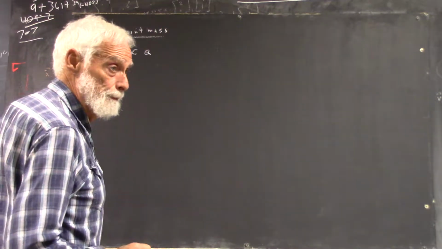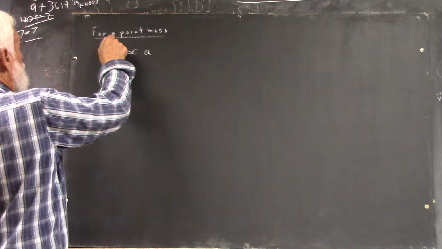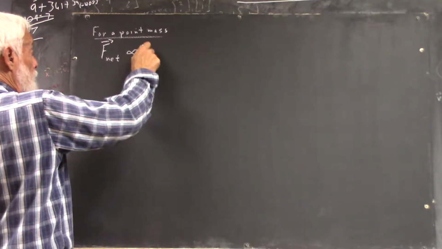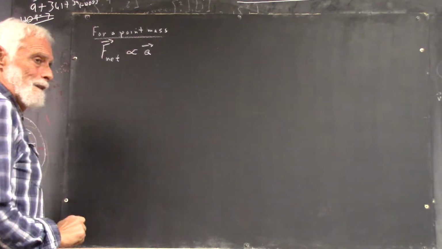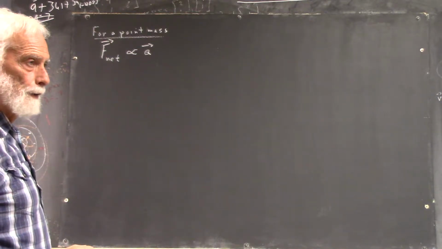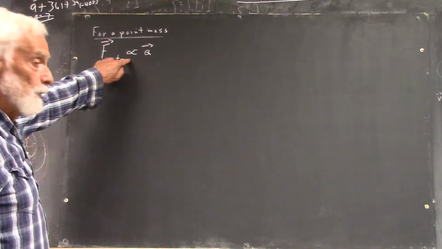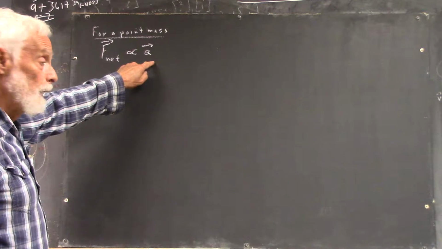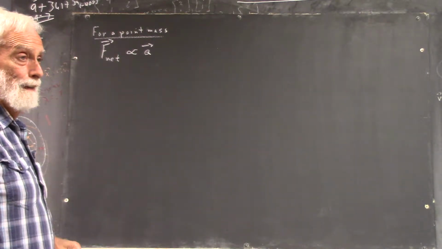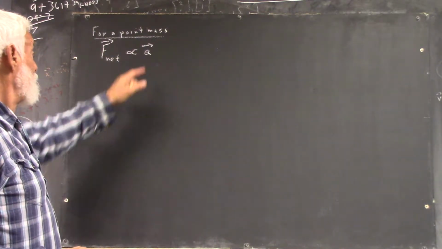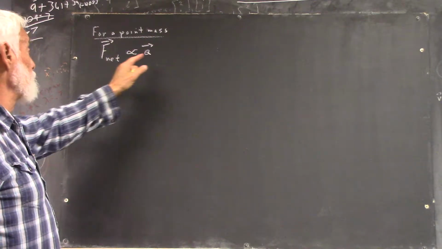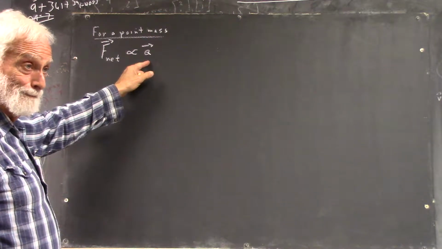Okay? And we put an arrow over F net to indicate it's got a direction, and the acceleration also has a direction. And since proportional to means it's just a constant multiple of, a vector is in the same direction as a vector.